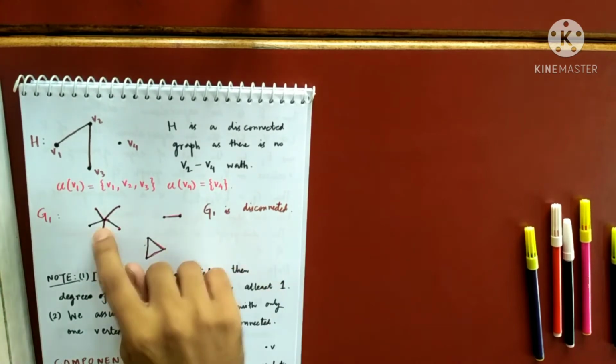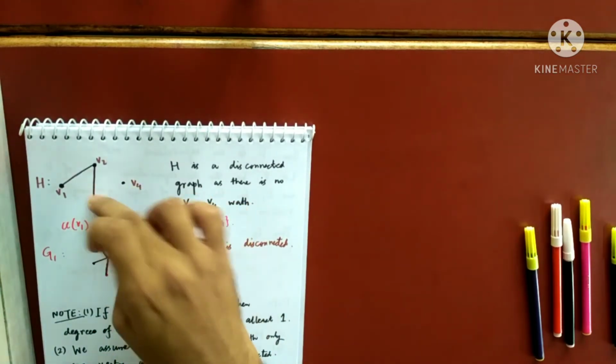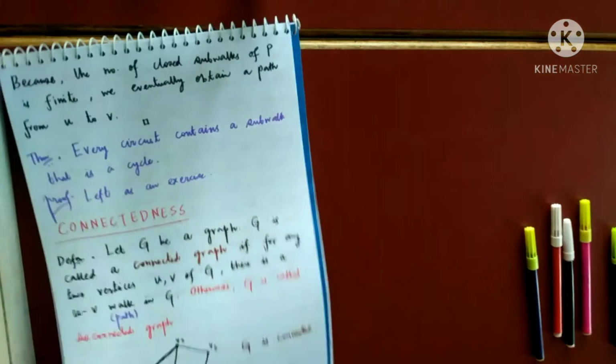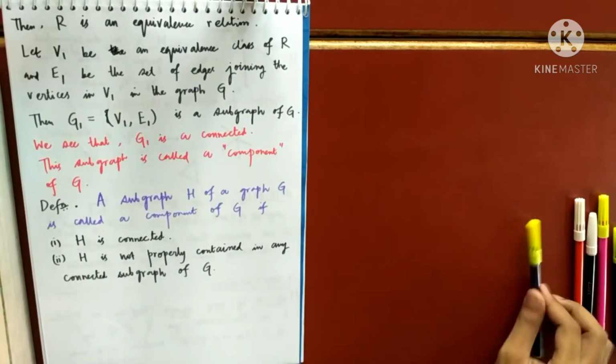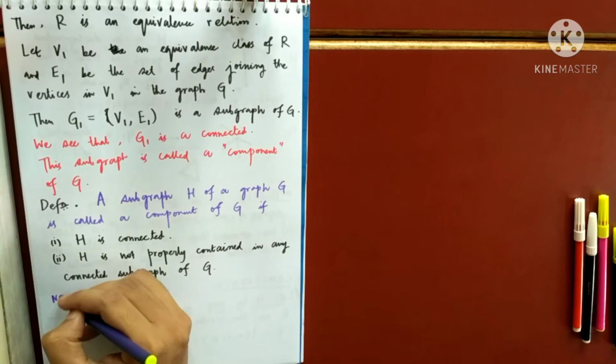Like this has got three components, this has got two components, whereas this graph is connected, it has got how many components? Just one component. And that is very much true from the definition of a component itself, that when a graph is connected, it will definitely have only one component, and the converse is also true. Okay, very quick note. So what is the note?